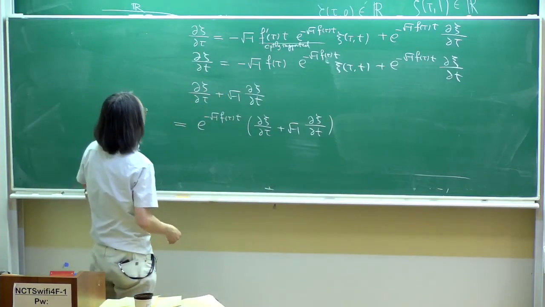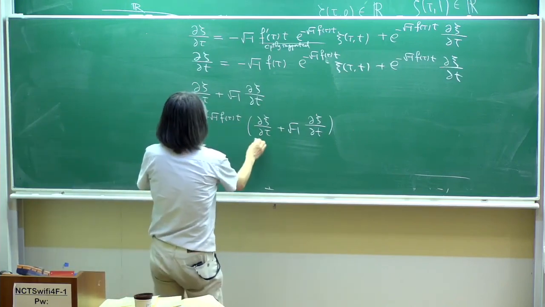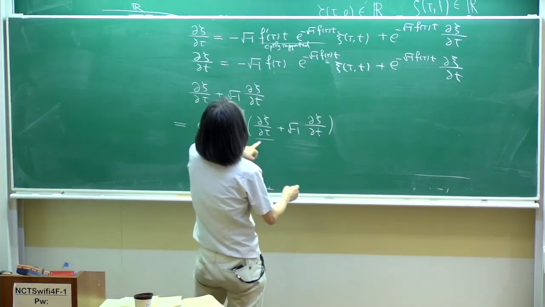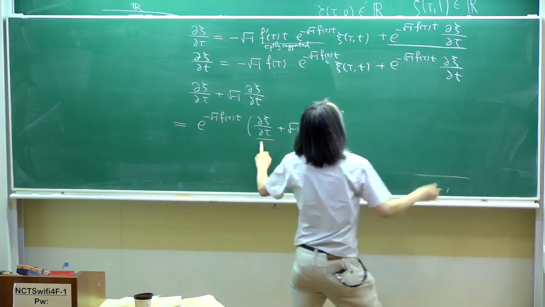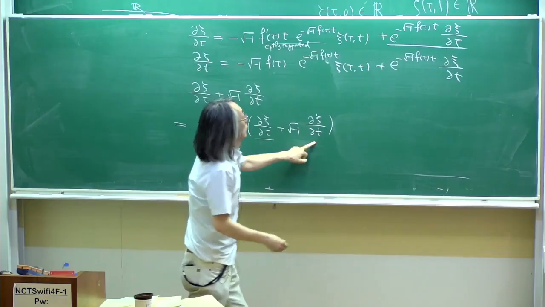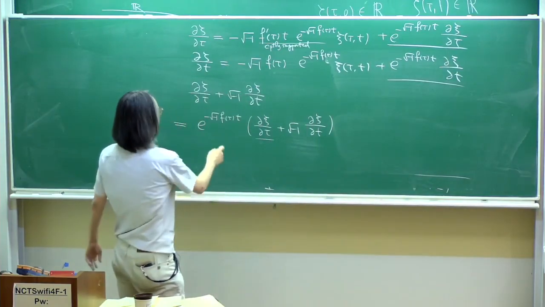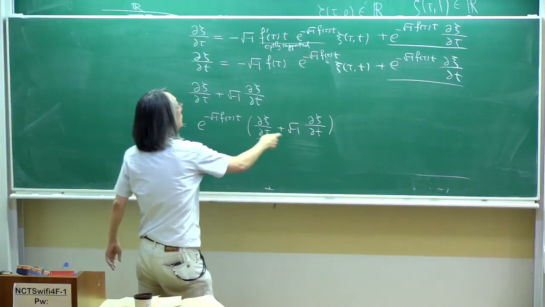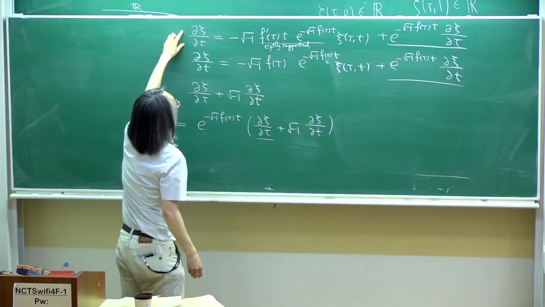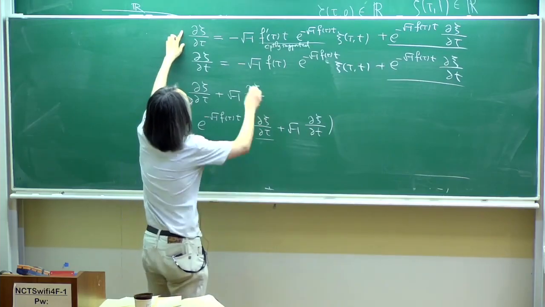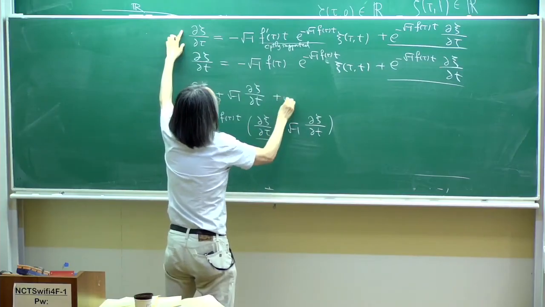So sorry, this term is from here. It's okay. And this term is from here. So therefore, yeah, if I compute this, then this is equal to this. Yes. And then I have to add this, right? So I have to add it.